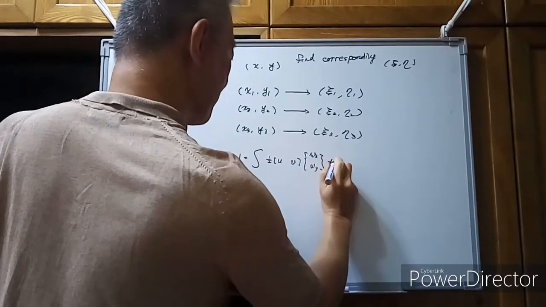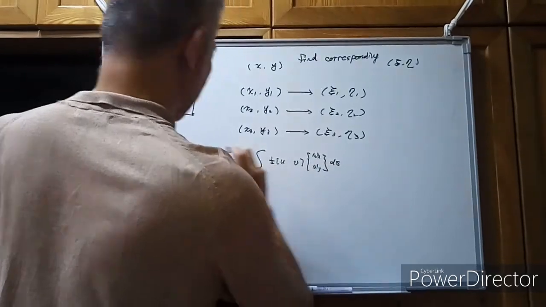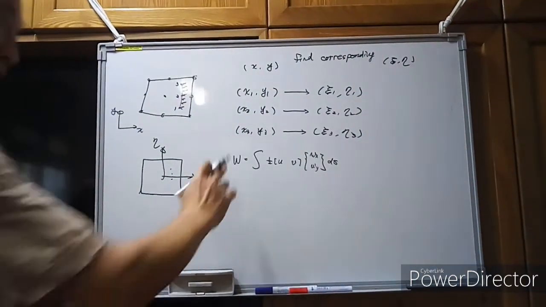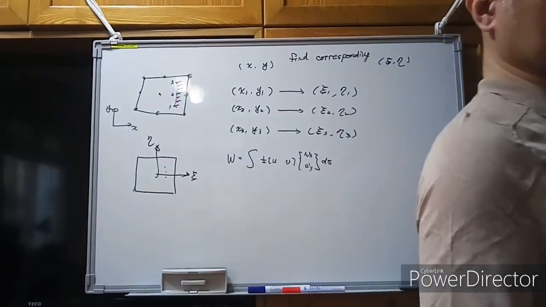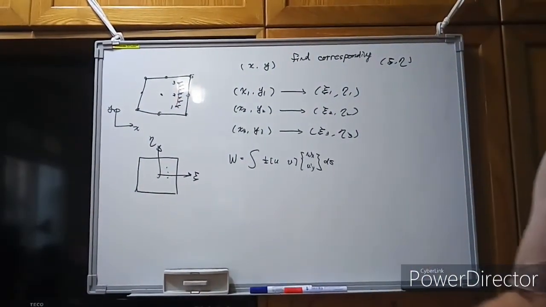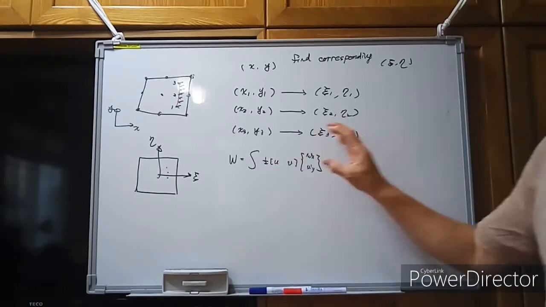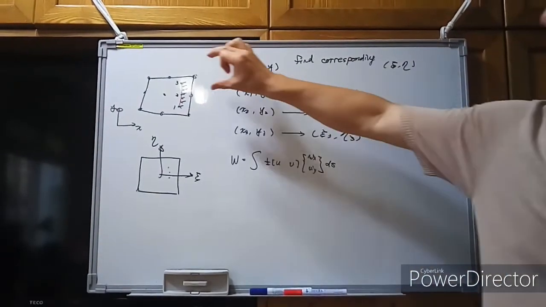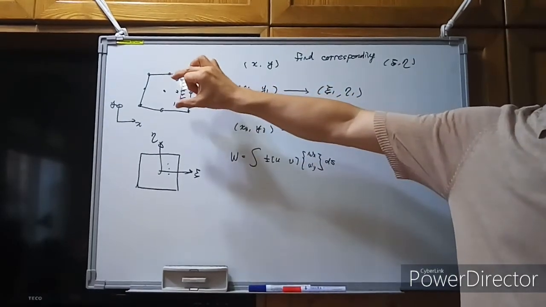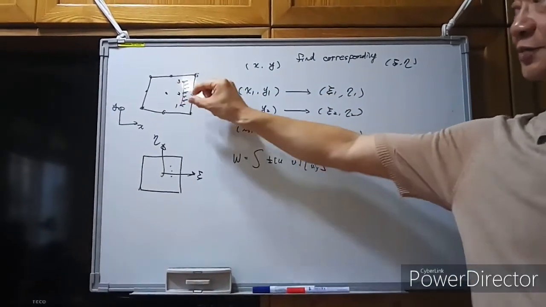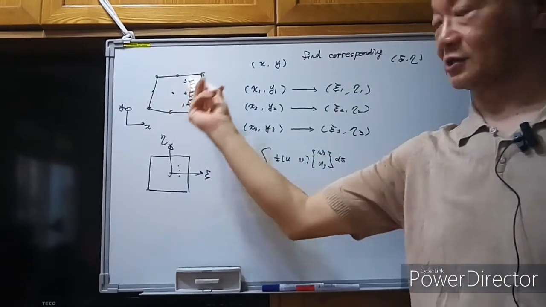So we can still use the integration formula to calculate the work done by the applied loadings. That's the U and V, but all these ds should be the length in the real element. So the ds will be the length in the xy plane.